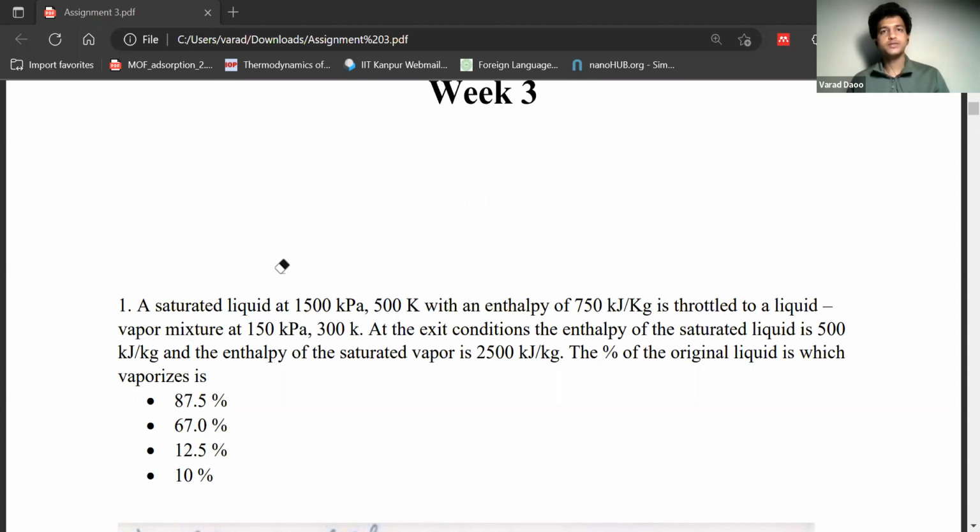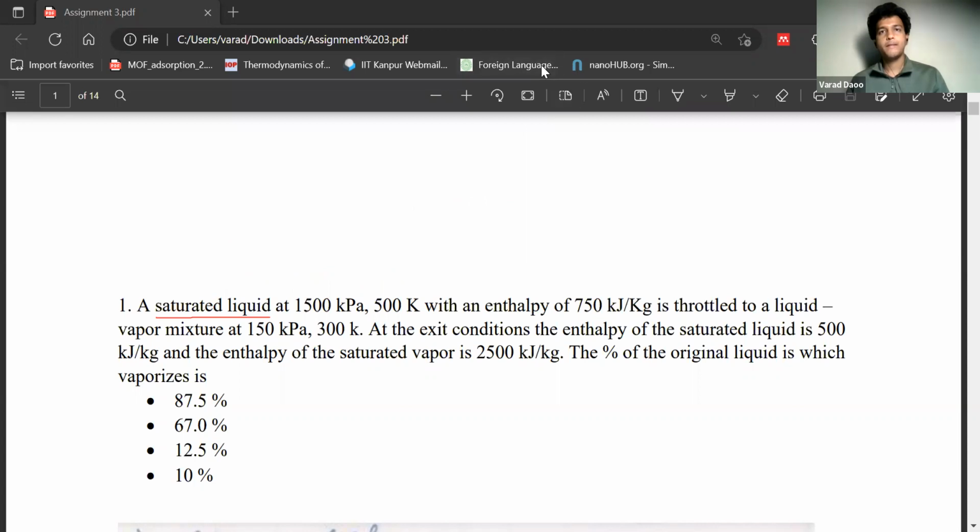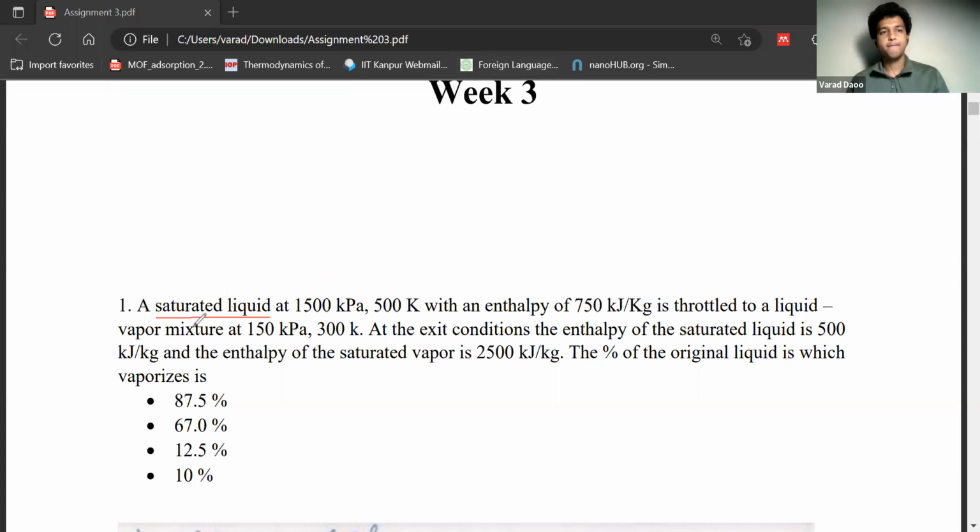What we have is saturated liquid, that means its quality is 1, Q is equal to 1. That means complete liquid.